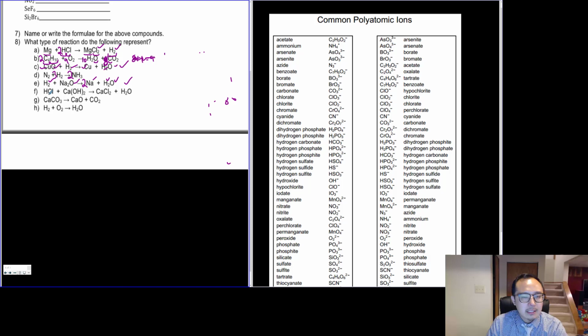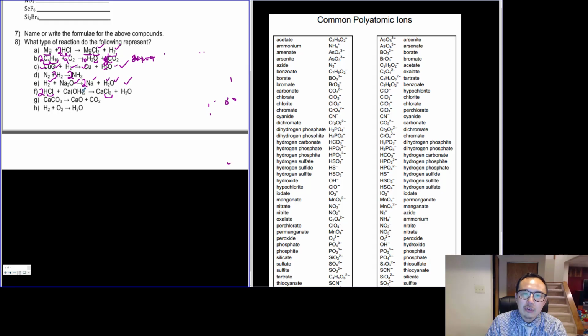For letter F, this is a double displacement or neutralization reaction. I have an acid and a base. So then HCl. How many chlorines do I have? I have 1 here, 2 here. Let's put a 2 in front of this. By putting 2 in front of that, I have 2 hydrogens plus this OH with a bracket 2. That means I actually have 2 OHs.